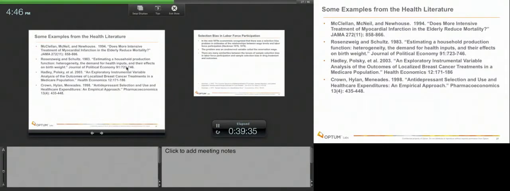So there are lots of examples now of the use of instrumental variables in the health economics literature.